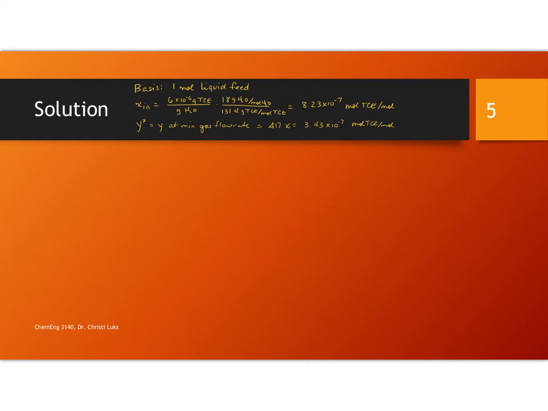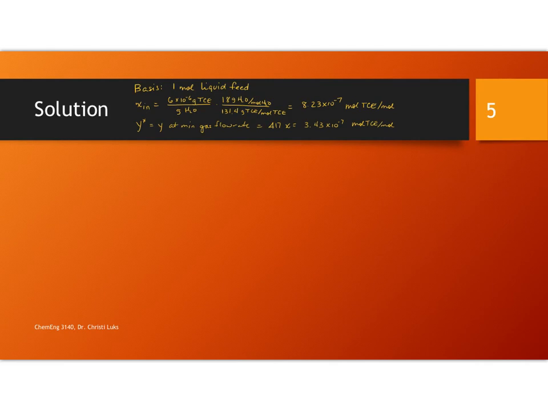And I need these to be in mole fractions, so molecular weight of water is 18 and of TCE is 131.4. And so multiplying by 18, dividing by 131.4, I get 8.23 times 10 to the minus 7 moles of TCE per mole.